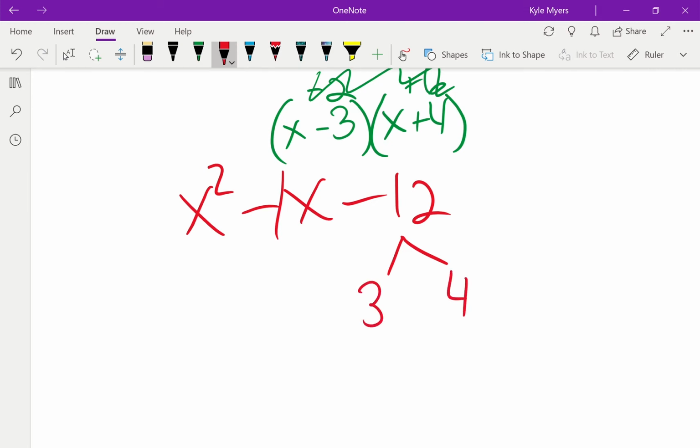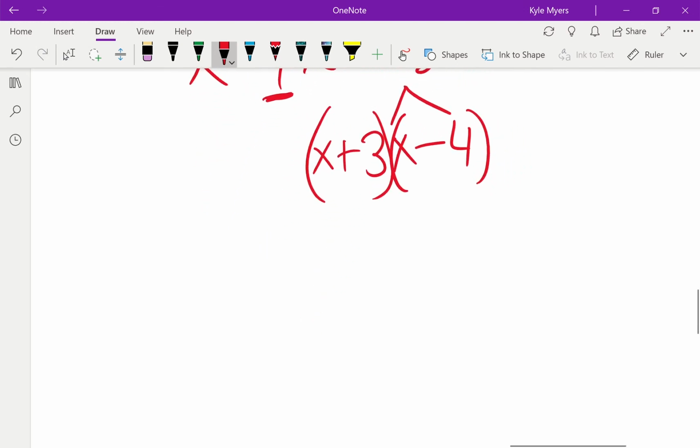So I'm just going to go for it. I don't want the 3 to be negative. I want the 4 to be negative, because positive 3 minus 4 is negative 1. That's what I want. So just throw x's in front. Didn't leave myself quite enough space that time, but I squeezed it in anyways. And we're done.